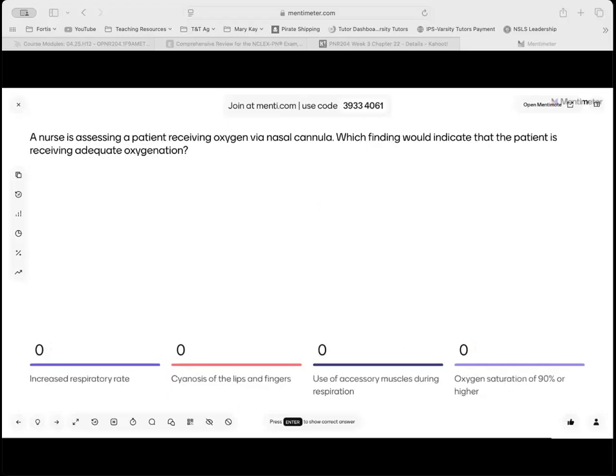If we are giving patients oxygen via nasal cannula, which finding would indicate the patient is receiving adequate oxygenation? So what tells us that our therapy is effective?